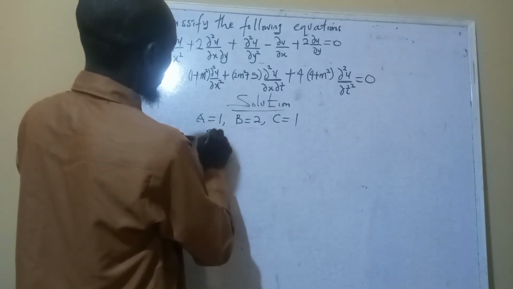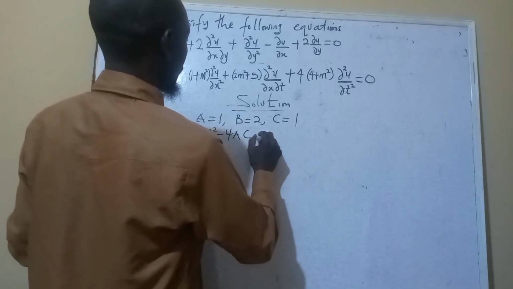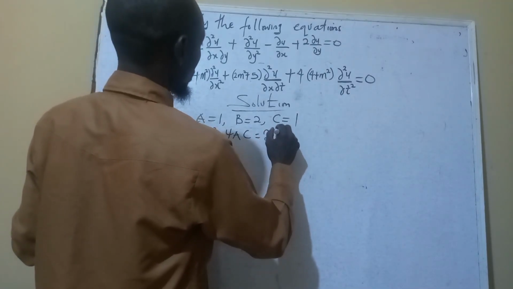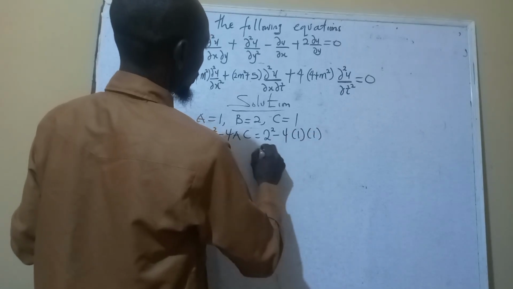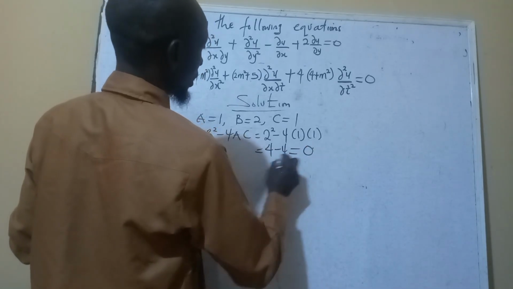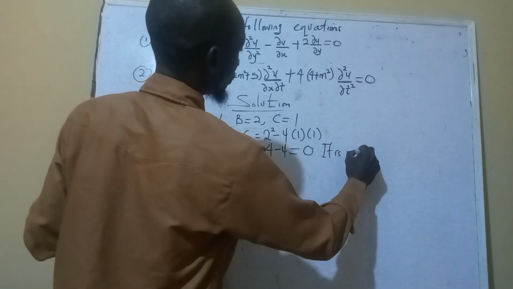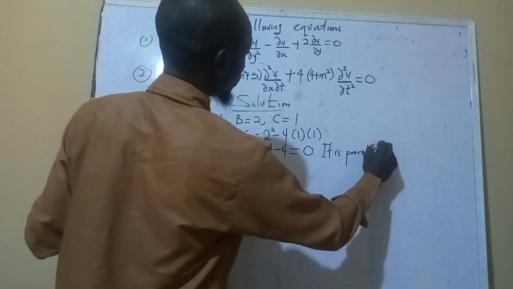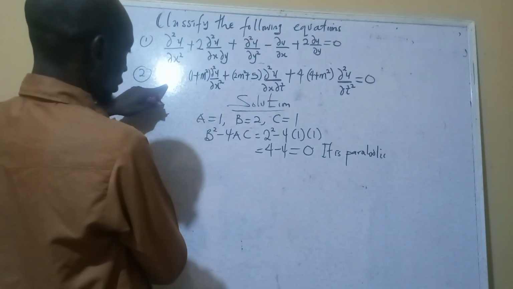Then b squared minus 4ac gives 2 squared minus 4 into 1 into 1. This is 4 minus 4, which is equal to 0. That means it is parabolic. Okay, parabolic.